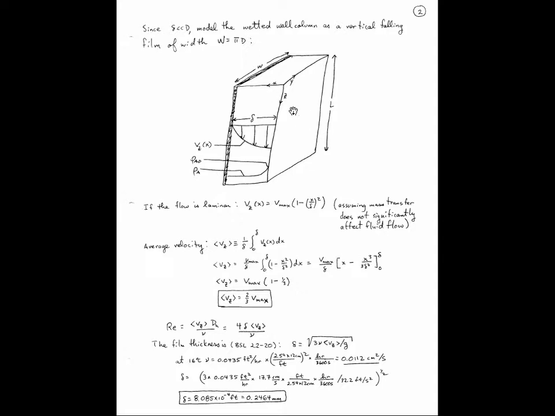In this case, we're very far into that regime, and so we'll treat this as a vertical falling film that has a width W, which is just pi times the diameter of the tube.